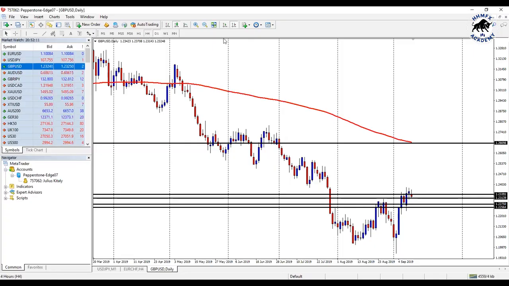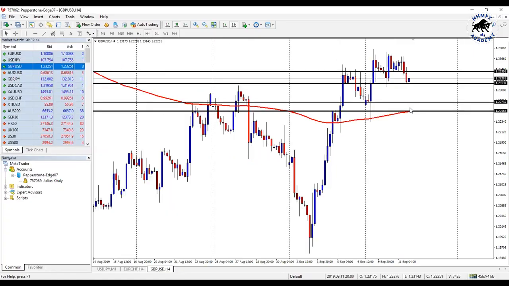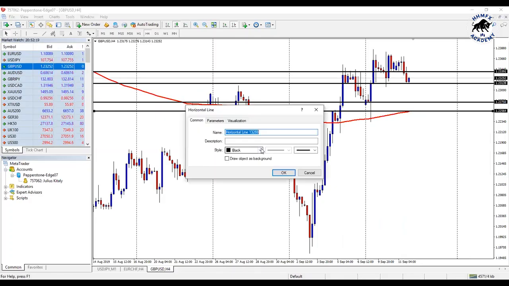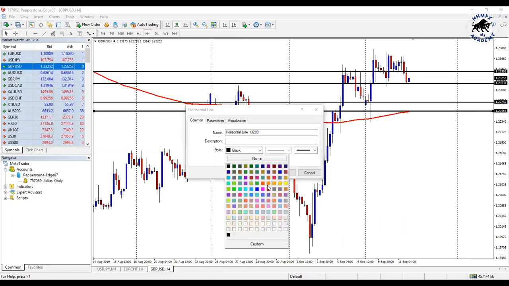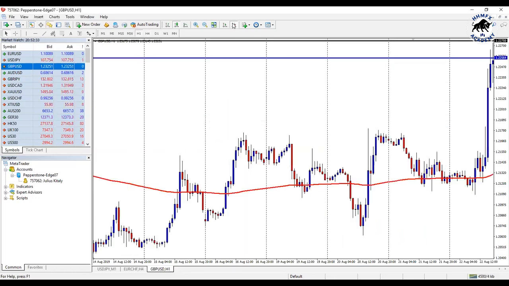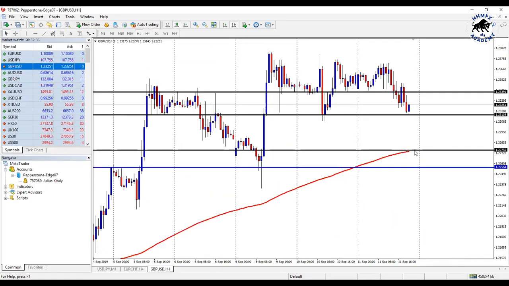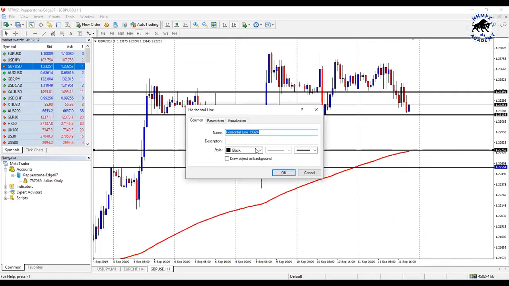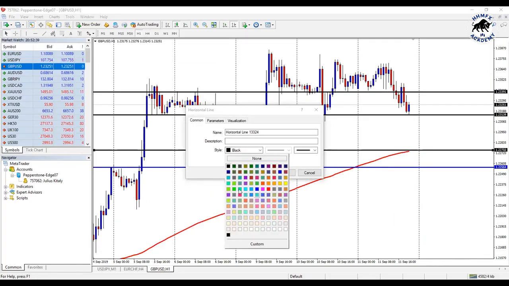The one we drew on 4 hours is this one. Change the color of that one, maybe to this color. This is 4 hour. We put it in a different color in order to know that this one is 4 hour. Okay, the one we drew on 1 hour, this one, change the color maybe to this one.